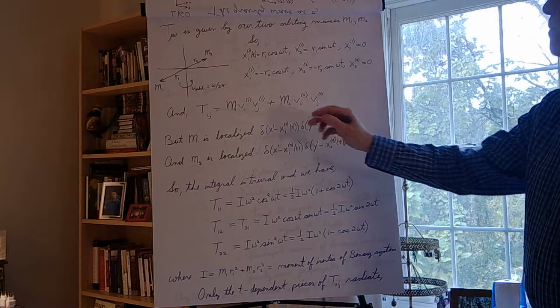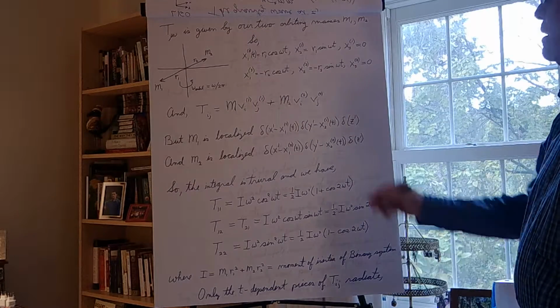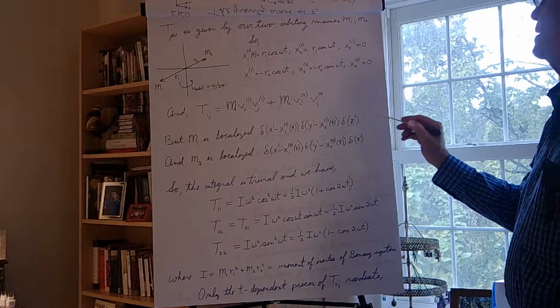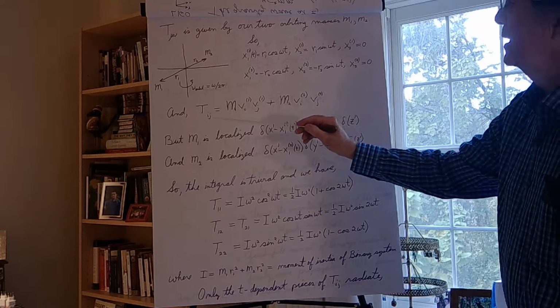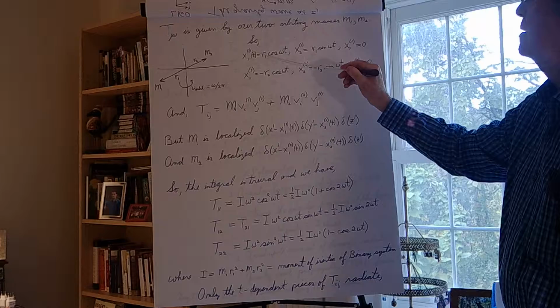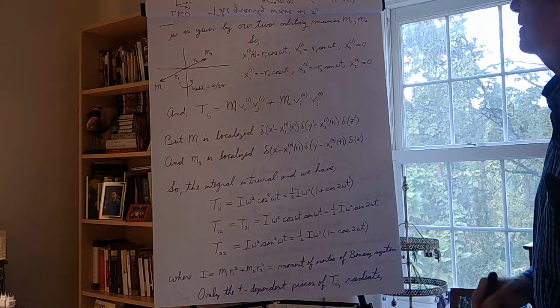So then my energy momentum tensor for point particles is just m1 v1 times v1, m2 v2 times v2, with the indices as shown here, where this is the velocity of my first particle, and here's the velocity of the second particle, and here's the mass of it.